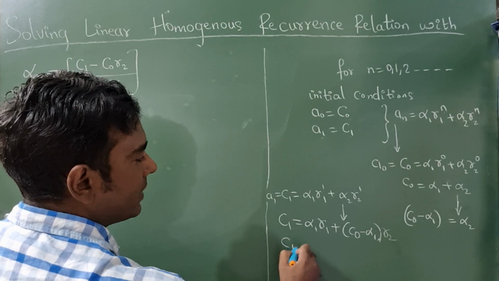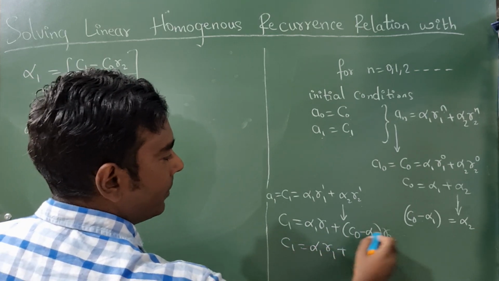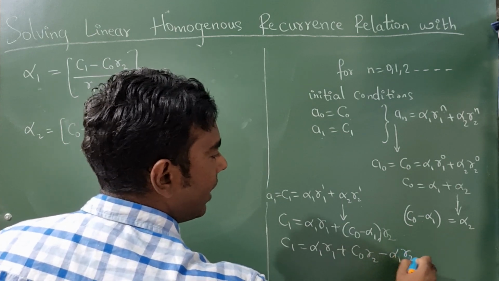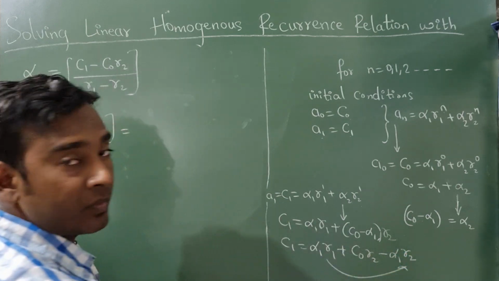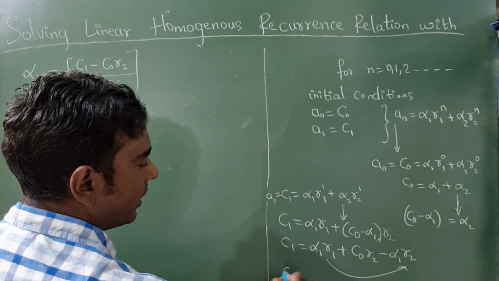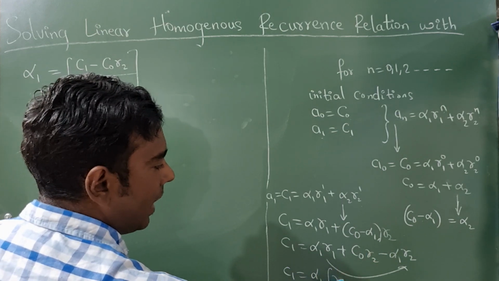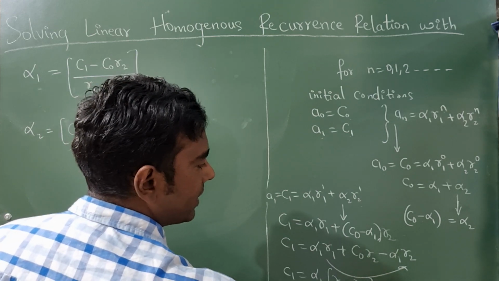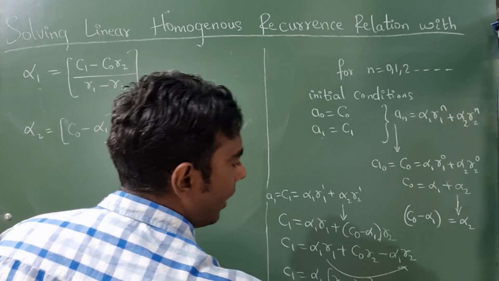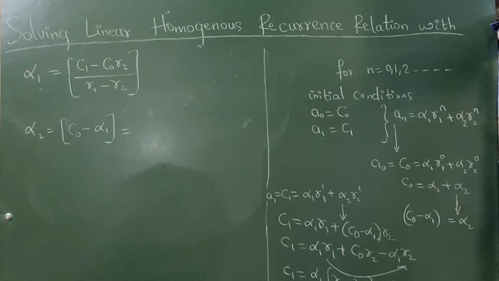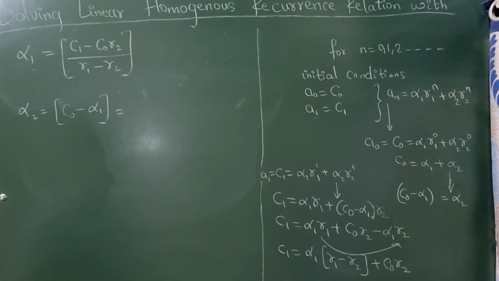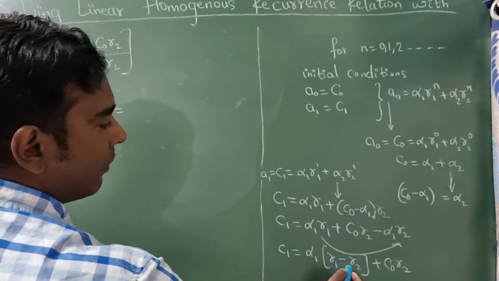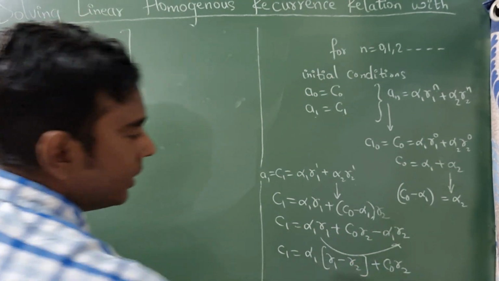Multiply: C1 = alpha 1 r1 + C0 r2 minus alpha 1 r2. In these two, alpha 1 is common: C1 = alpha 1 (r1 minus r2) + C0 r2.